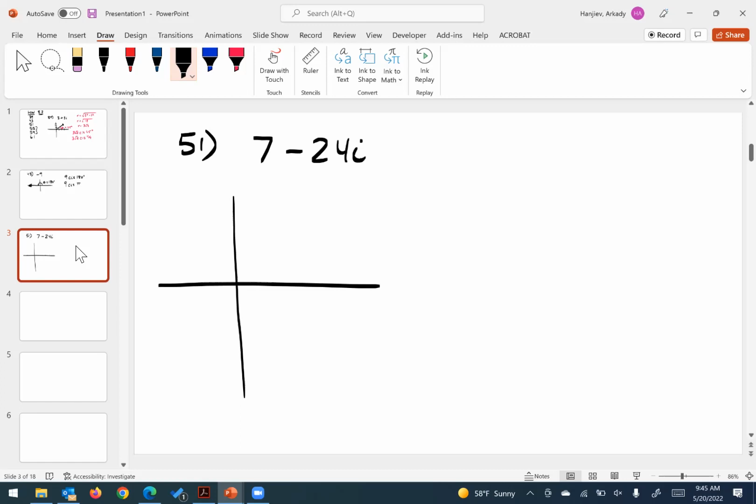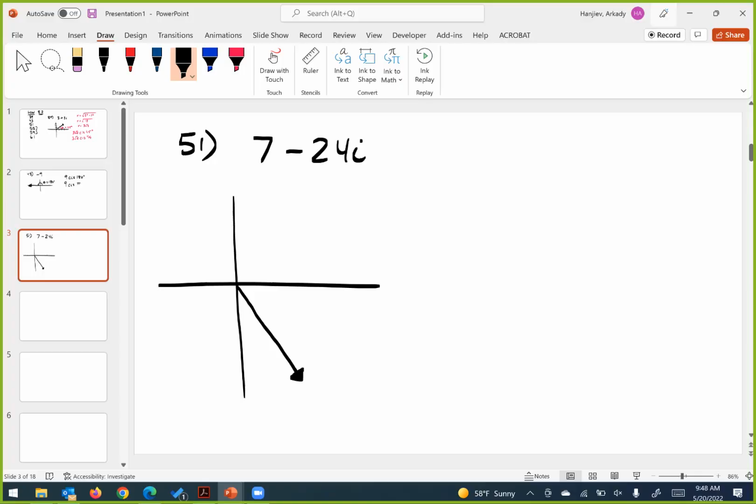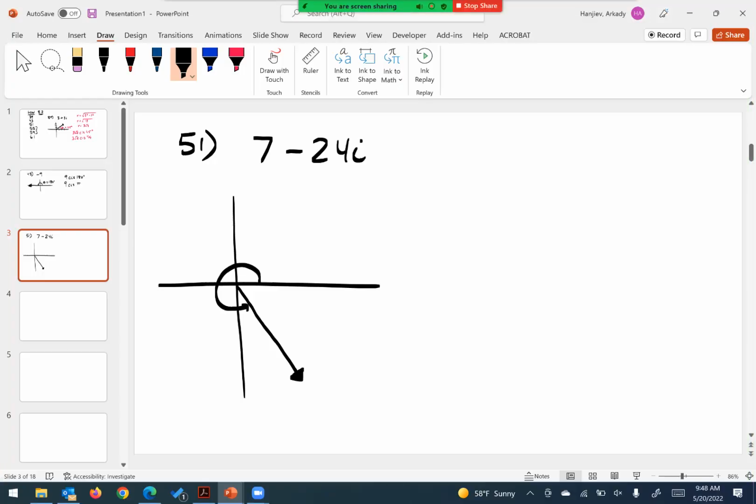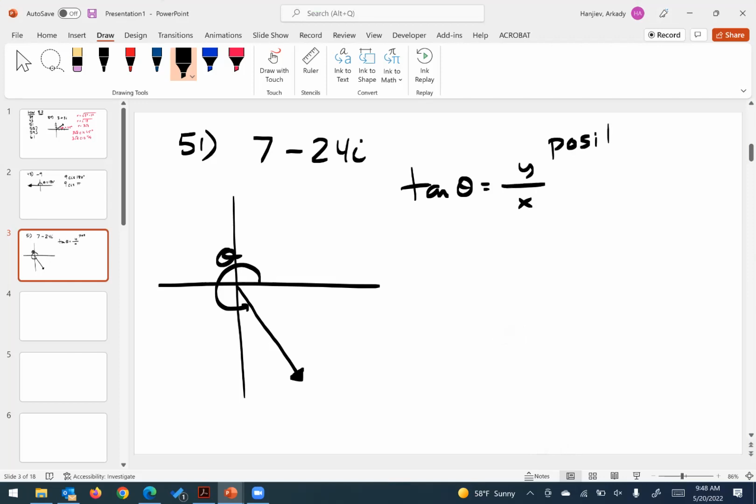Let me see. Maybe I am confused a little bit here. Let me go back to where it talks about theta. So we covered complex numbers, and then moved on to trigonometric form over here. All right, so I need a theta that goes like this. The best way to do it is to say tangent of theta is the y value over the x value, except we're going to keep it positive.